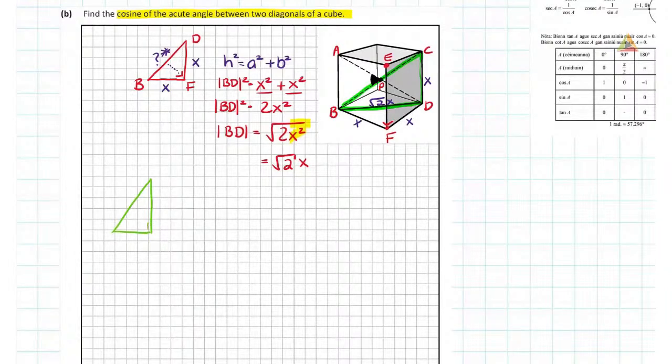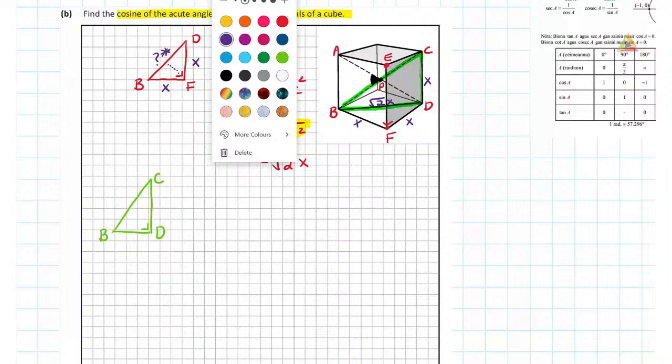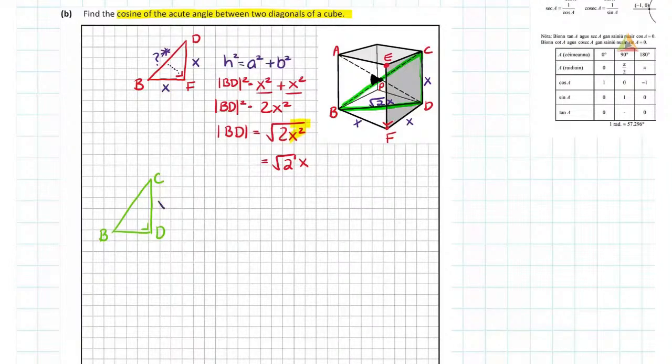So again, it's a right angle triangle at the point D. B is over here, C is up here, and we're going to mark in everything that we know. So we know that this side is x, just based on my diagram. And we've just worked out, remember, up here, that BD is root 2 with an x outside the root.